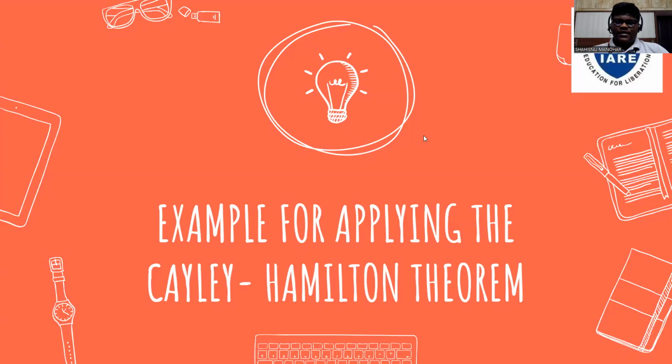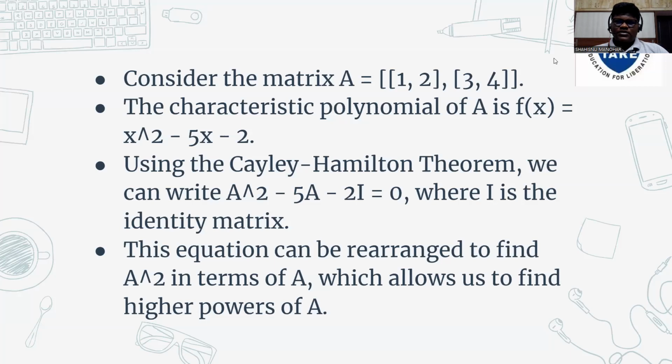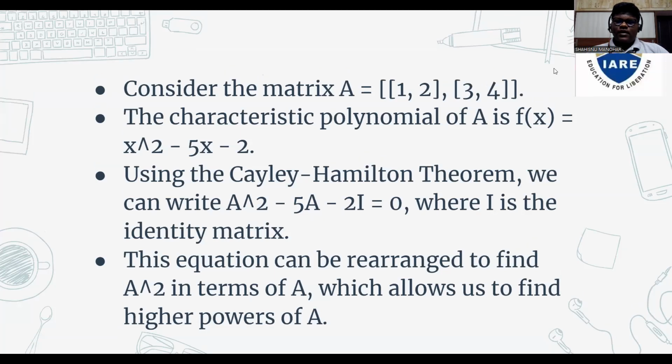Example for applying the Cayley-Hamilton theorem. Consider the matrix A equal to [1, 2; 3, 4]. Then the characteristic polynomial or the characteristic equation of A is f(x) equal to x squared minus 5x minus 2.